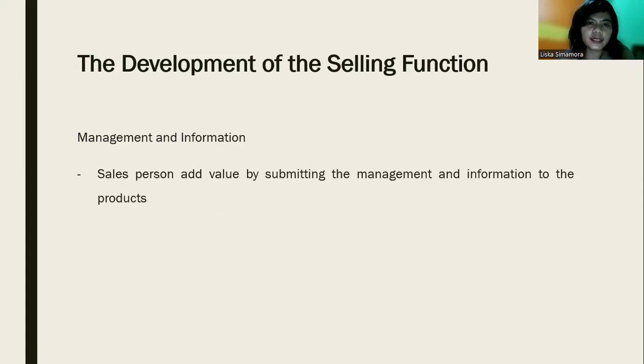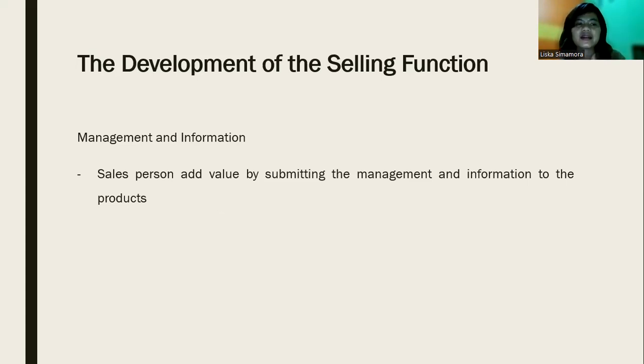And the second one is the development of the selling function. At first, the system is barter. And the second one, the development of selling function is management and information. Previously, it's just like you provide things and you sell, I give money, you get things. Now it developed.